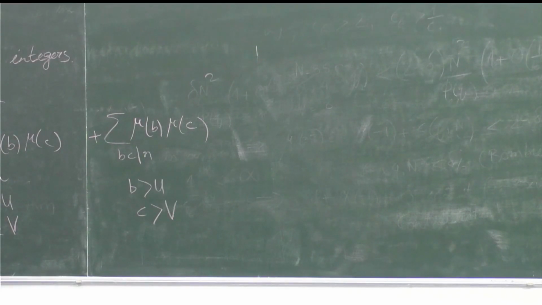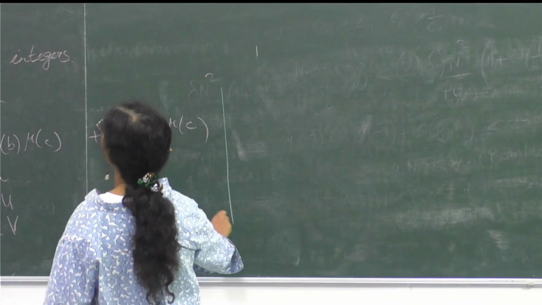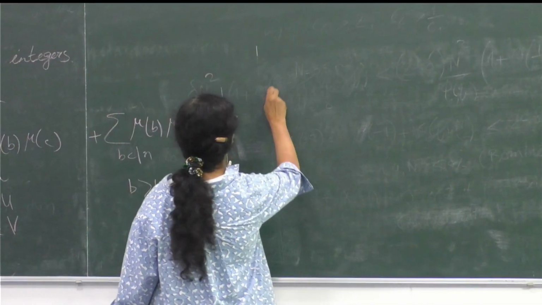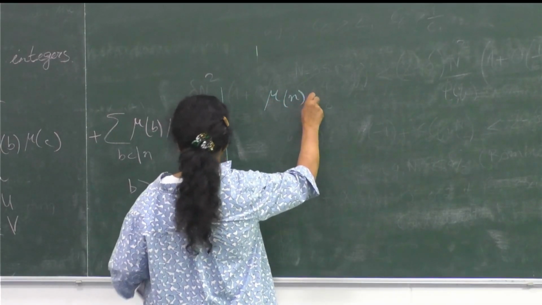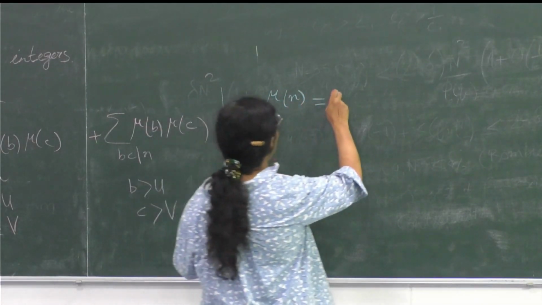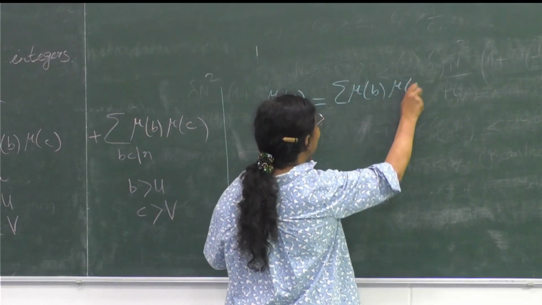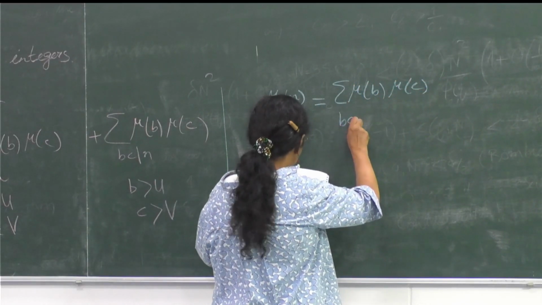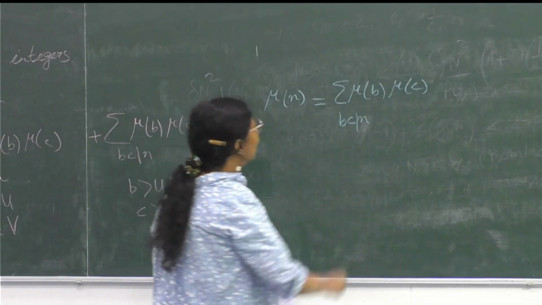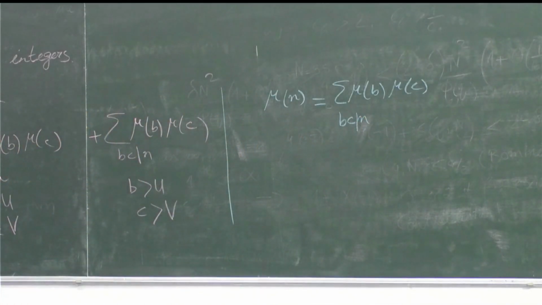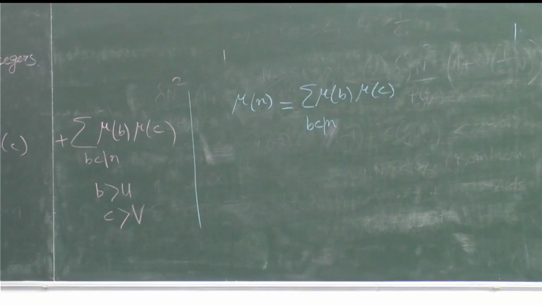What am I saying? I'm saying that mu of n is equal to the sum of mu of B, mu of C, where BC divides n. Is this correct? Yeah, I can write it like that.